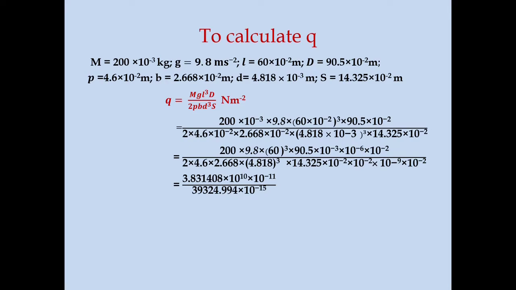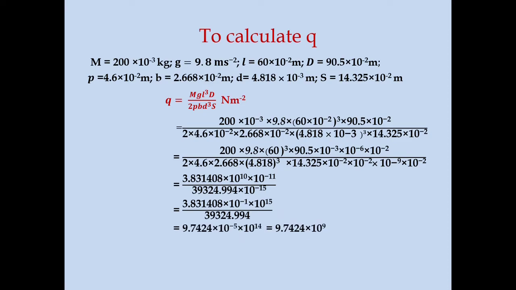In the denominator, when you multiply all the numbers you will get 39,324.994, and you sum up all the powers, you get minus 2, minus 4, minus 4, minus 9, that is minus 15. In the next step I have brought the 10 power minus 15 to the numerator, so it is 10 power 15, and 10 power 10 and 10 power minus 11 will give you 10 power minus 1.